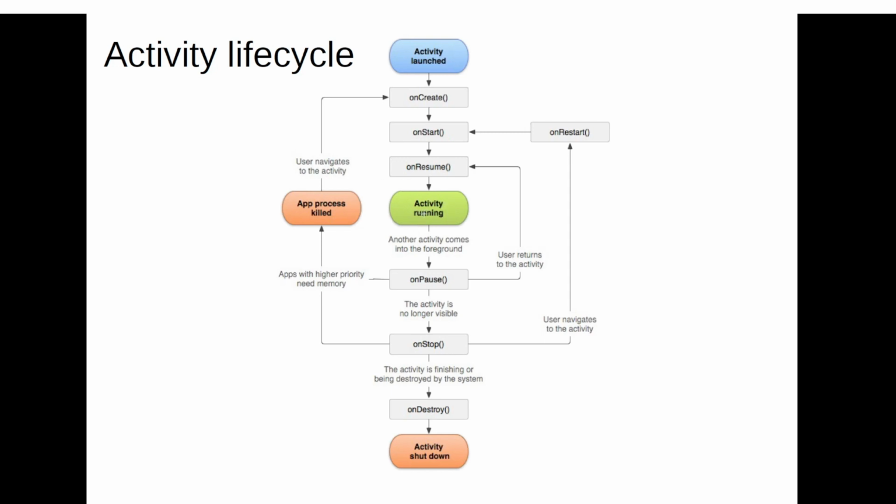In that scenario, our game activity would be paused and its onPause would be invoked. If we think about it, what would we want to happen when that settings dialog pops up on the screen if the user was playing the game?